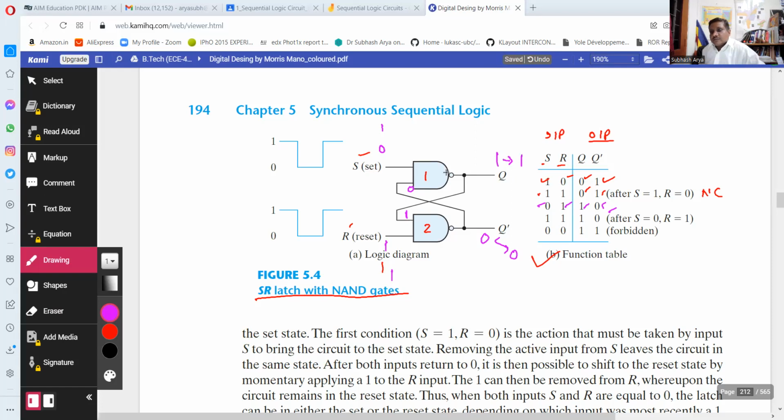Any 0 makes output 1. So now this is changed from 1 to 1, which means there is no change as such. And this 0 to 0 means there is no change. So output is Q is equal to 1, here it is written, and Q bar is equal to 0, here it is written. It means when S is equal to 0 and R is equal to 1, the output will be this. And now the last case.